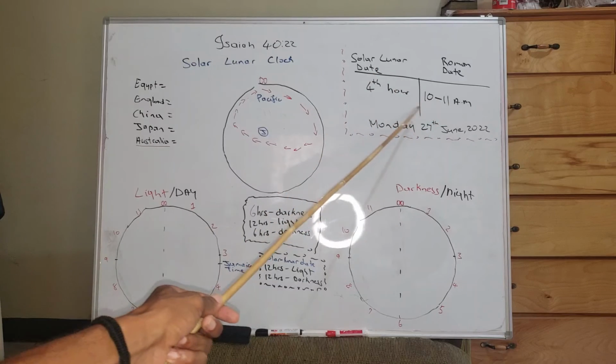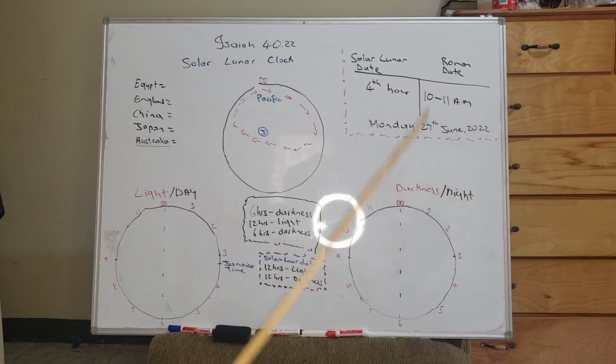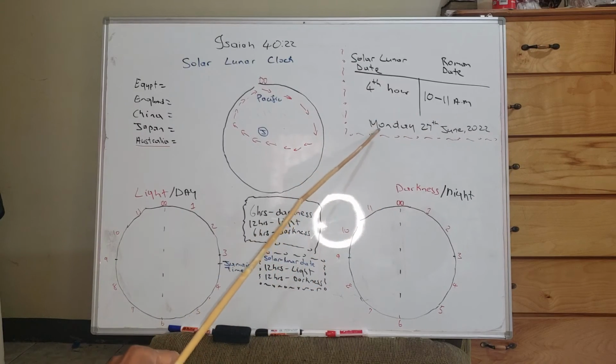So this is why this is not functional in reality, but it's just a program, it's just a systematic thing that seems as if it's real, but it's not real or not functional to our culture. Right? Now, the date also would still be the 27th of June 2022, and it would still be Monday.